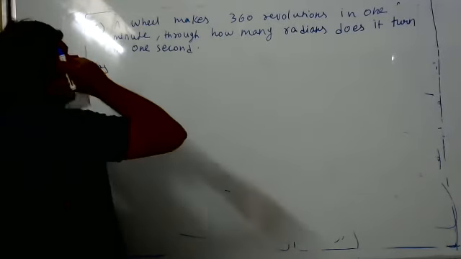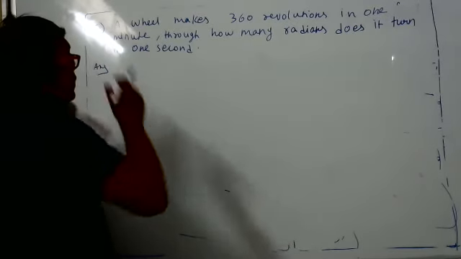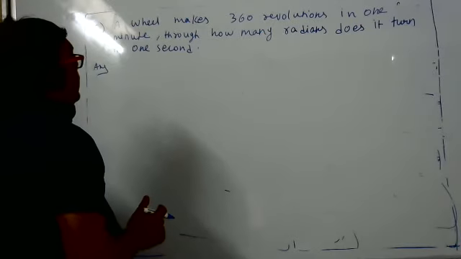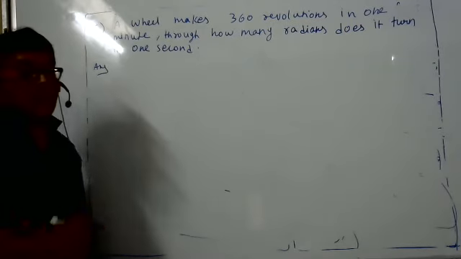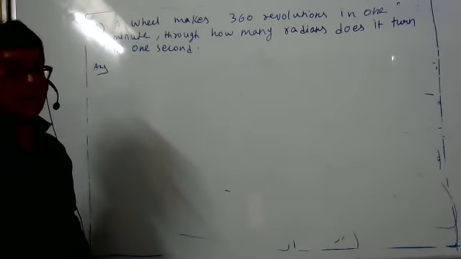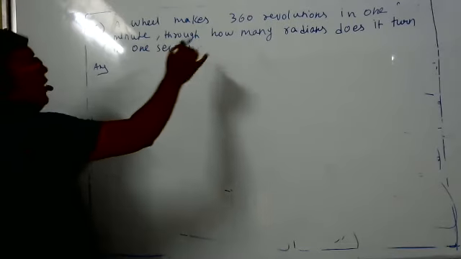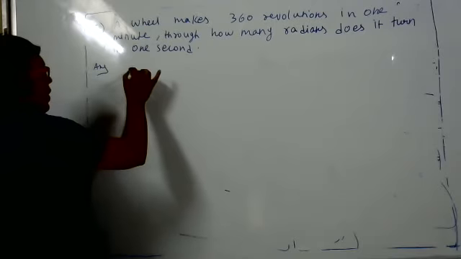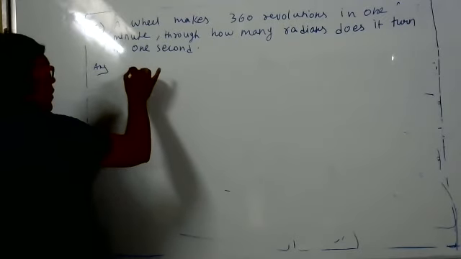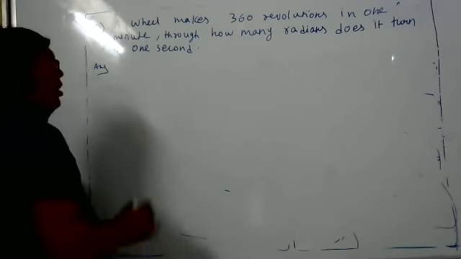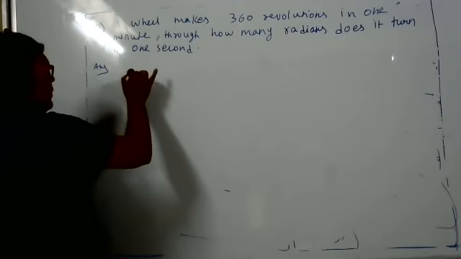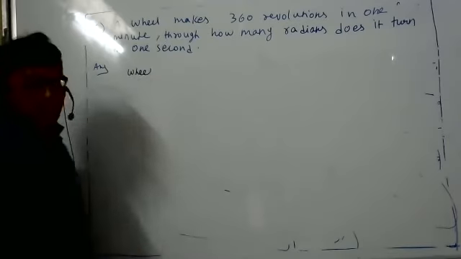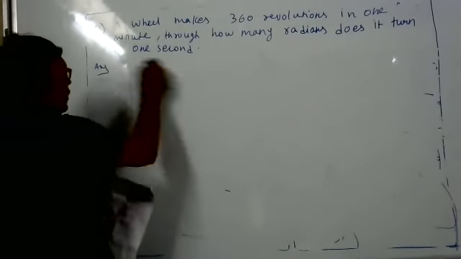A wheel makes 360 revolutions in 1 minute. Okay, I hope that you people have copied this question. Yes, sir. It's a very simple sum.